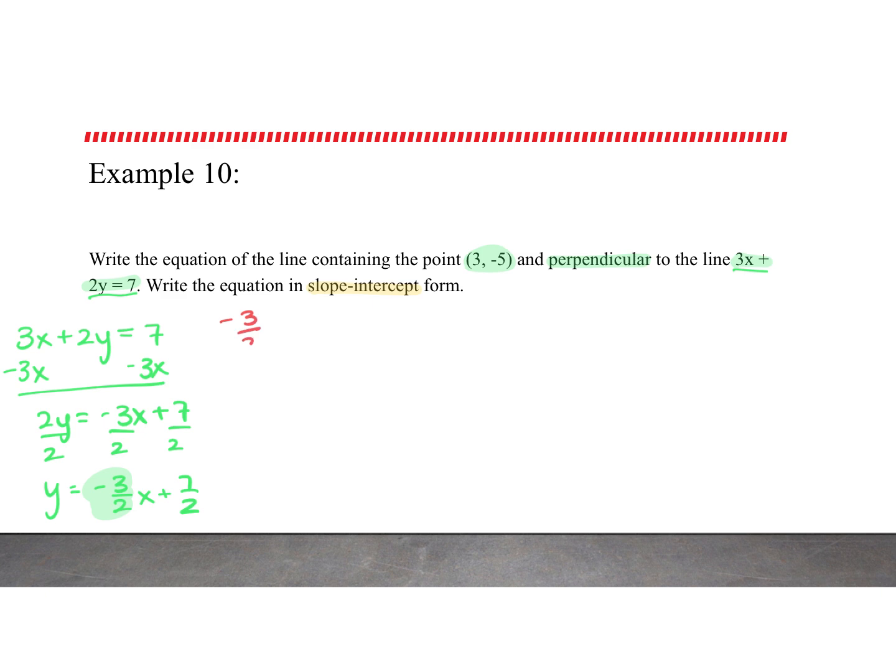But I don't want a parallel slope this time. We want it to be perpendicular. So keep in mind, perpendicular means that they are opposite reciprocal. So opposite meaning we are going to change the sign, so from negative to positive. And then reciprocal means that we are going to flip the fraction. So instead of 3 over 2, we're going to have 2 over 3. So now we have a new slope. We are going to use this ordered pair, and we can put both of those together into our point slope formula.